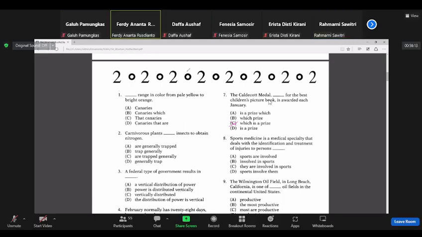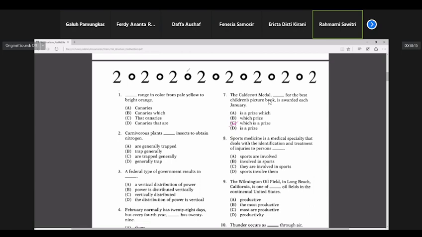A, men. A. Okay. So sports medicine is a medical specialty that deals with the identification and treatment of injuries to persons. Well, if we have A, that means we have two verbs. Actually, in the sentence, we already have the verb. We have is, and then here we also have deals with.